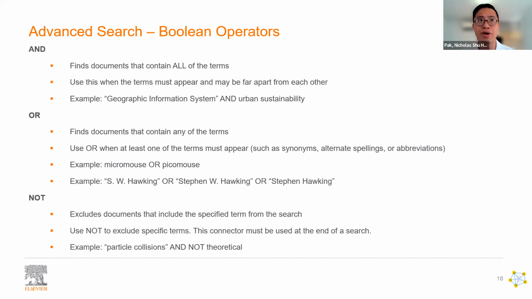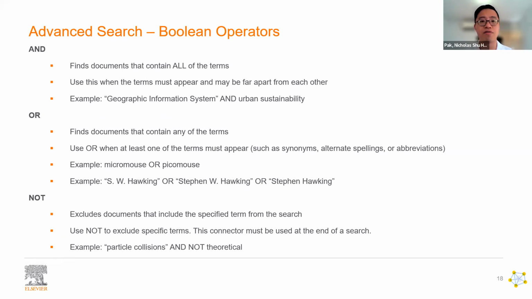So what are Boolean operators? Basically they're kind of like keywords, keystrokes, right? That allow you to do combinations of words so that it's not only for words and phrases that you're searching for, but also able to combine with other terms as well. So AND finds documents which contain all the terms. You use it when the terms must appear, and they may be far apart from each other.